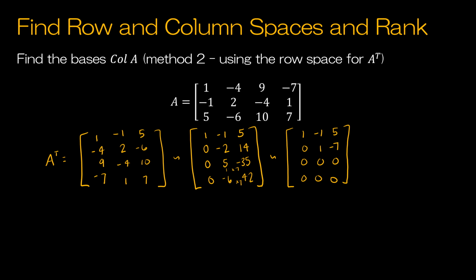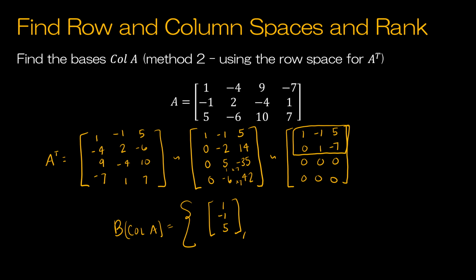And so what's the point of all of that? Well, now I have, this would be the row space of the transpose of A, which is the same as the column space of A. So the basis for the column space of A would be using the transpose of these, which is 1, -1, 5, and 0, 1, -7.